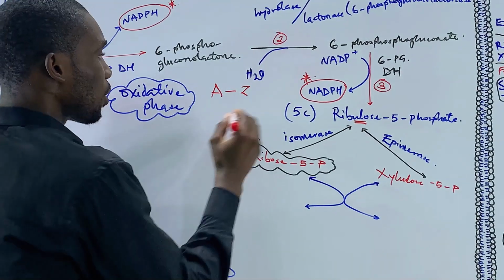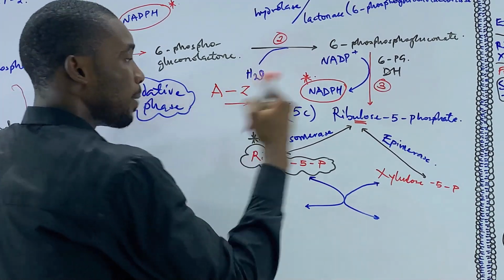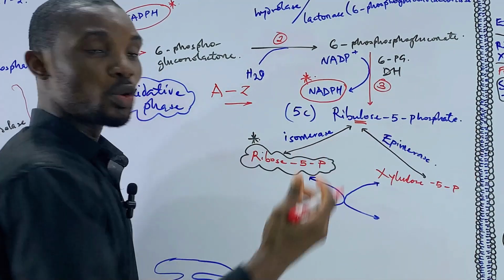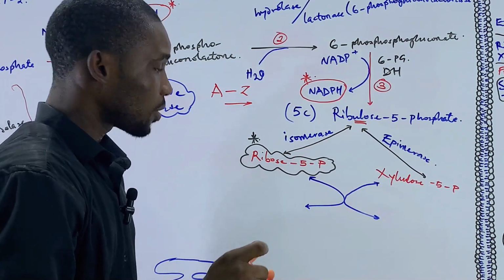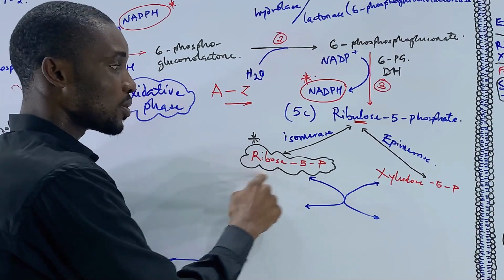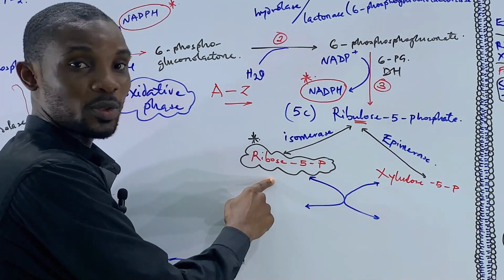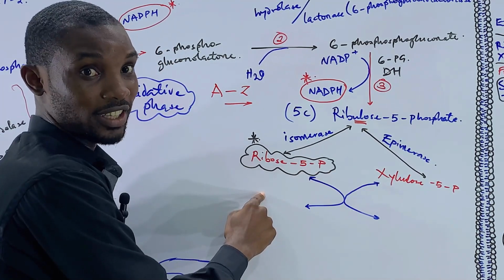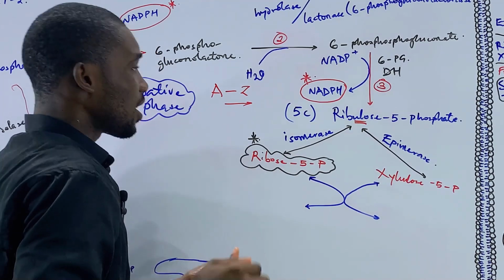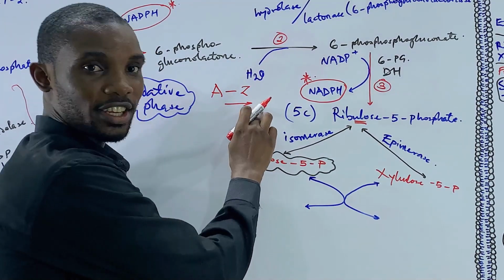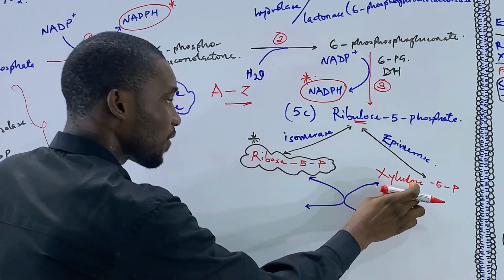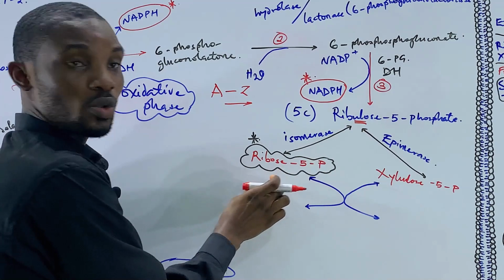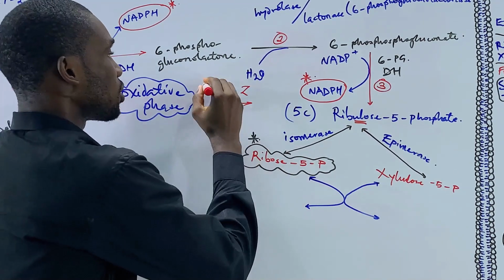A to Z. The one far back in the alphabetical order would always transfer to the one closer to A. So we have xylulose and ribose. X comes after R. So X should transfer to R, right? Remember that the one far back in the alphabetical order does the transfer. So xylulose would transfer carbon atoms to ribose. That's another thing you should remember.